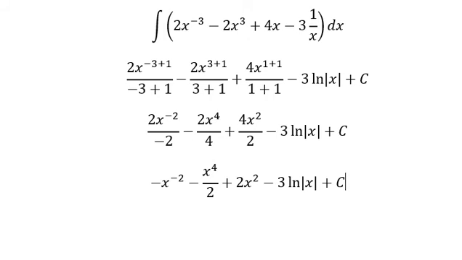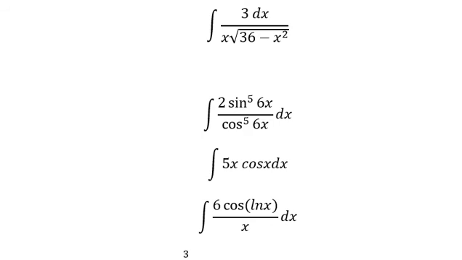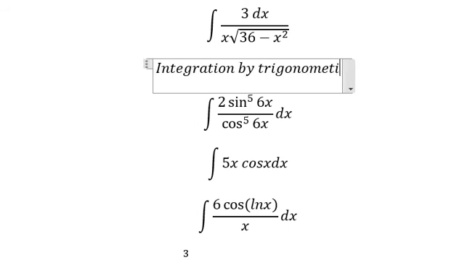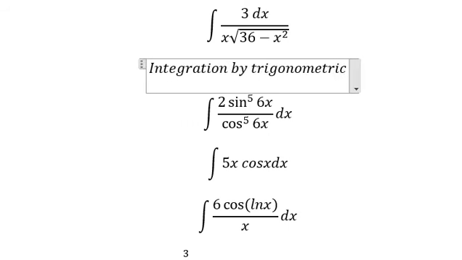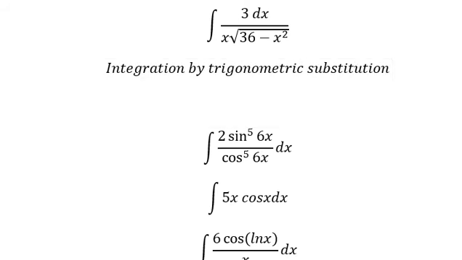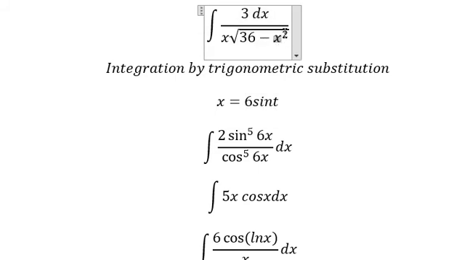Now let's go to the second one. In this situation, we need to use integration by trigonometric substitution. So we put s equal to 6 sine t, because if we put this in here, we have the square, so you get 36.